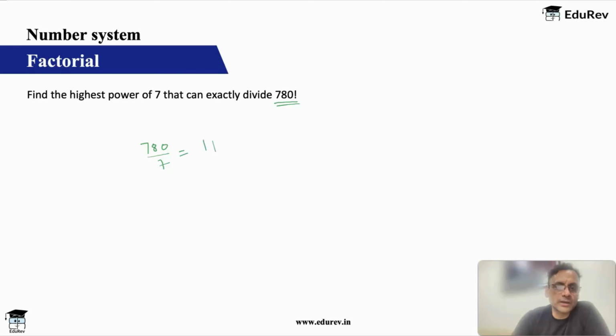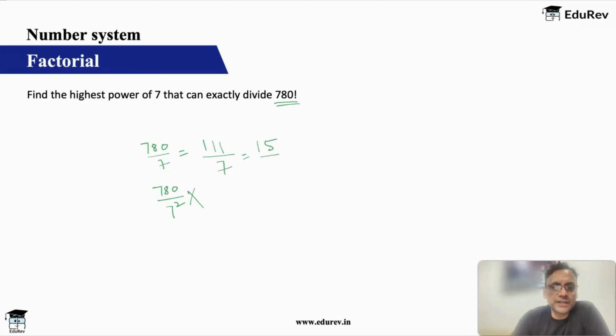111. Now you can do 780 by 7 square, which is 49, but this will be complicated. 780 by 49, why do that? We'll skip this and we'll do 111 divided by 7. So 11 goes 1 time, and then you have 41. 41 will go 5 times.